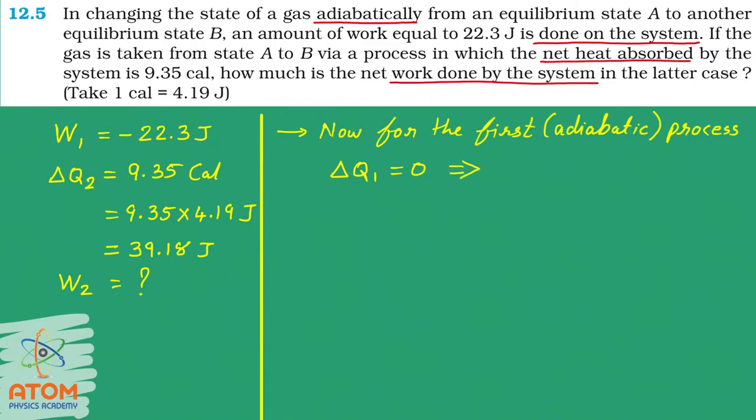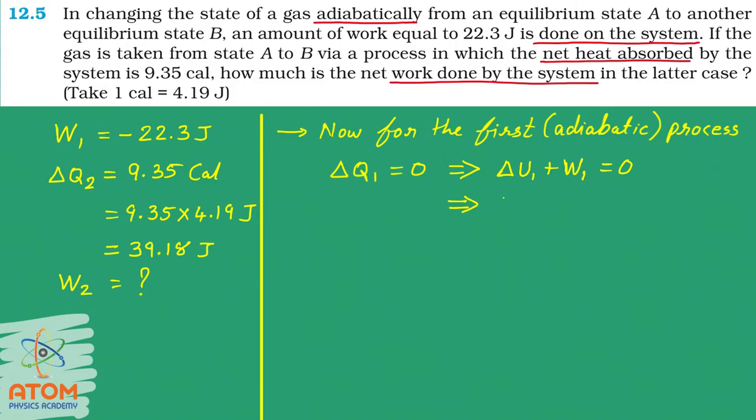It is adiabatic process, so delta Q will be 0. And so delta Q, which is delta U plus W, will be also 0. Here I will write delta U1 plus W1 is equal to 0.